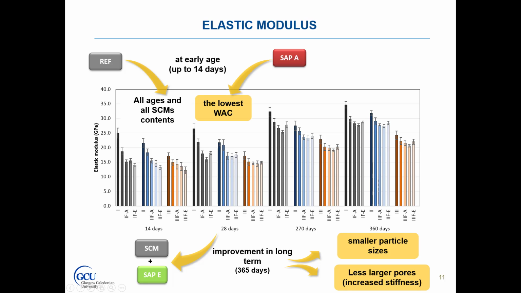It should also be considered that SAP E, with a smaller particle size, had the lowest influence on elastic modulus behavior, and further enhancement was observed in blended cement due to reaction of the SCM with Portland cement hydration.